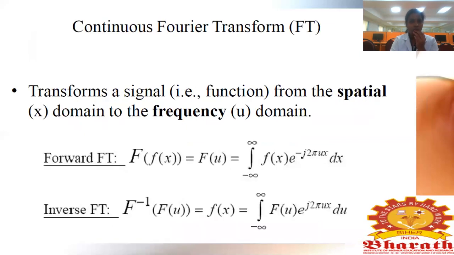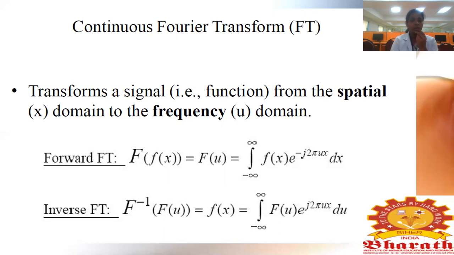And what are we going to do in the Fourier transform? As said already, the Fourier transform is for a continuous signal. It is going to transform a signal or a function from the spatial domain to the frequency domain, right?